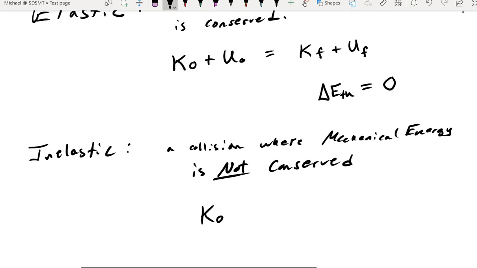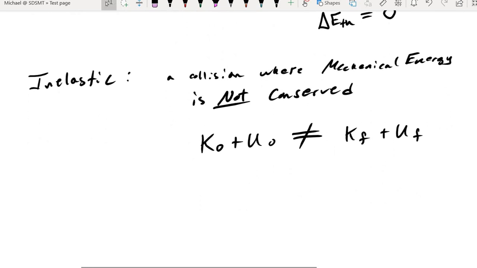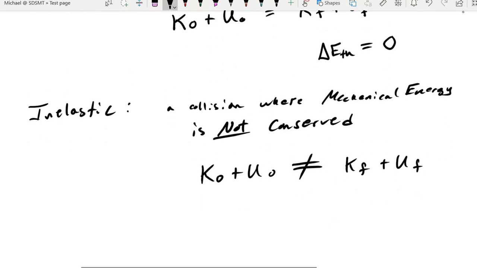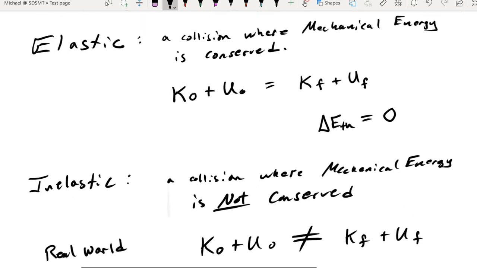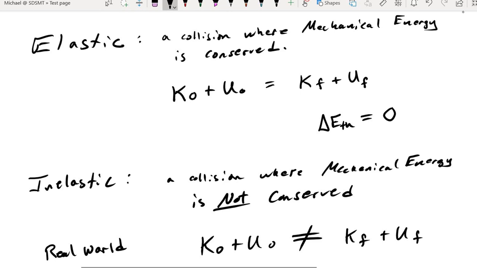So in this case, our initial mechanical energy and our final mechanical energy are not equal to one another. And this is more realistic. So this is a real world case. This is what we would call an ideal situation.